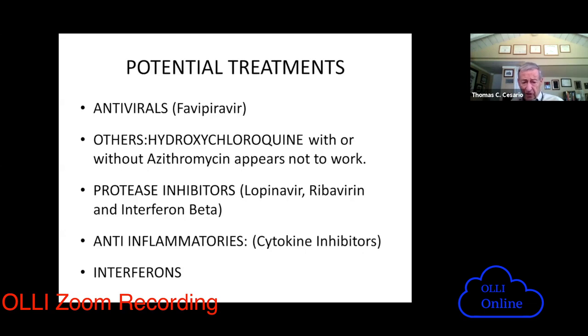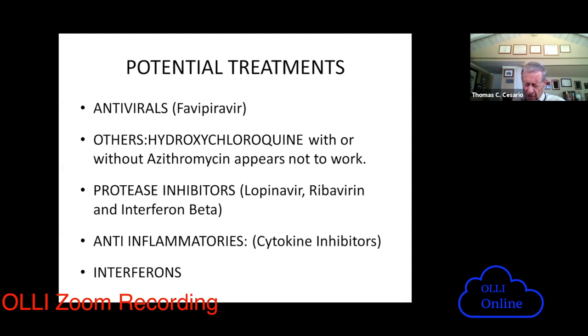We try to find other drugs that inhibit the ability of the virus to reproduce itself. And there's one trial of a combination of some of these things, lopinavir, ribavirin, and interferon, which was said to work, but it has not been reproduced. We're trying to find other ways of turning off the immune system so that you don't get that intense inflammation.